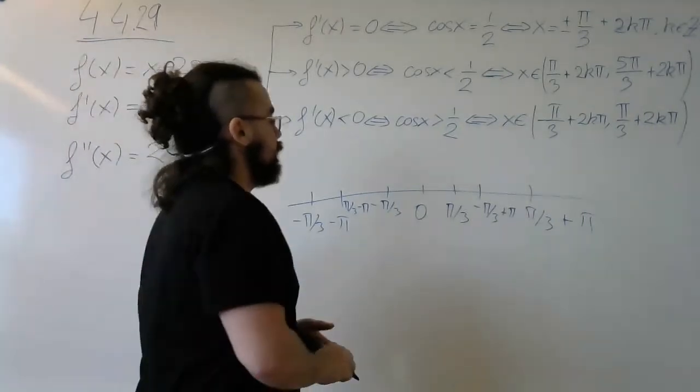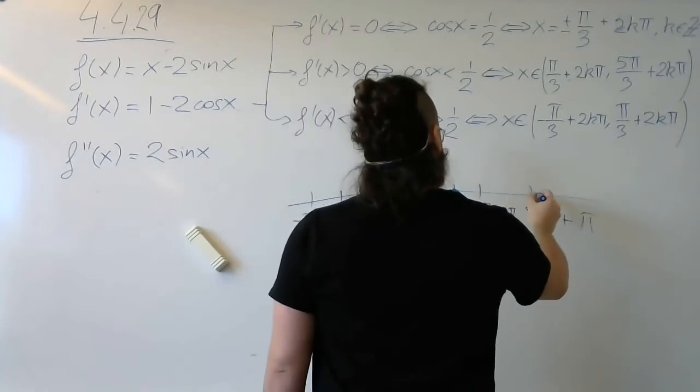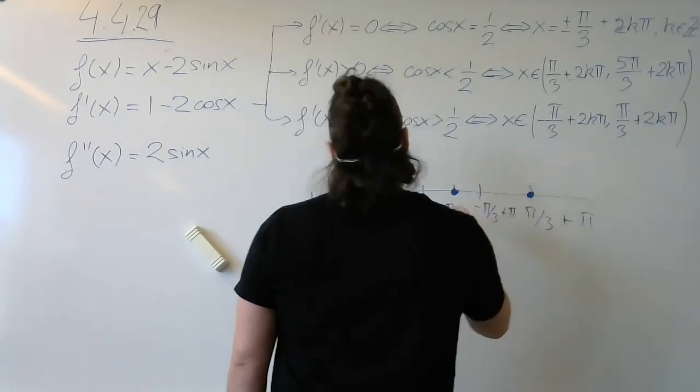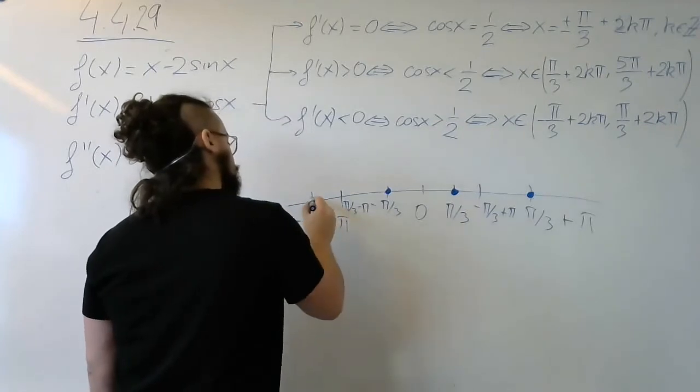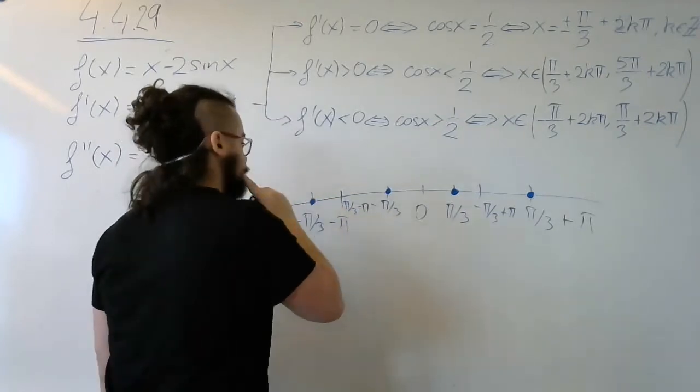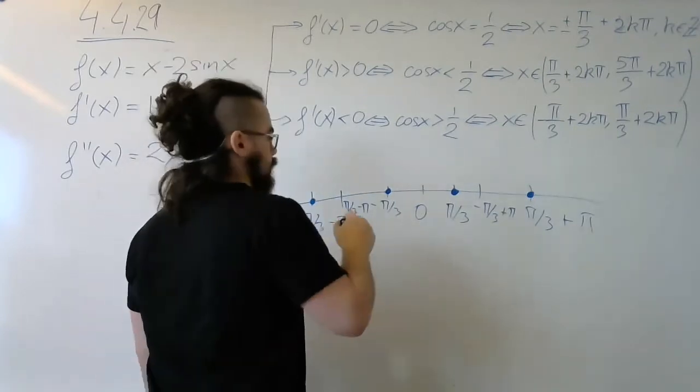And so we have relative extreme points here. How do we say in this function?